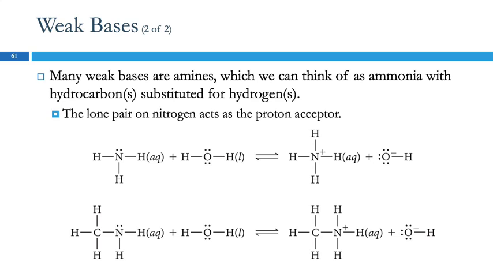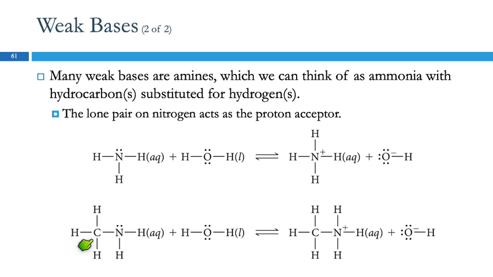In an amine, one or more of these hydrogens has been replaced with something else. So you can just detach the hydrogen and stick on this CH3 group. The nitrogen is still going to act as a weak base. We don't need to be able to name this.